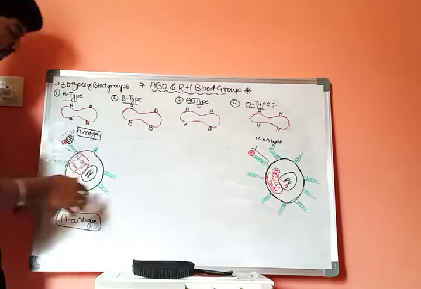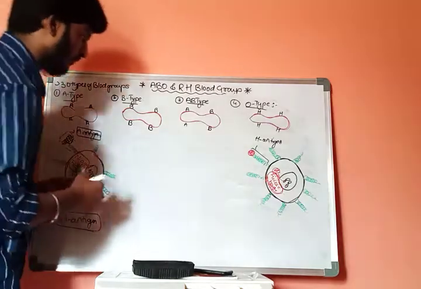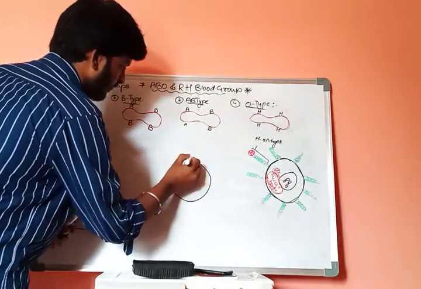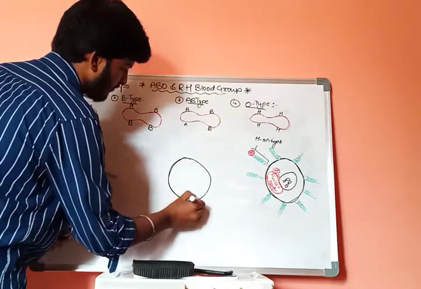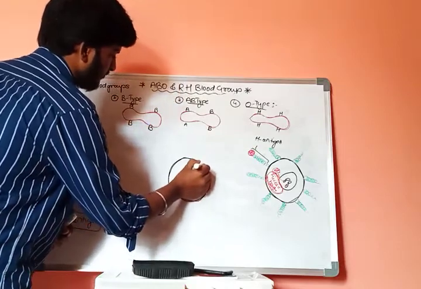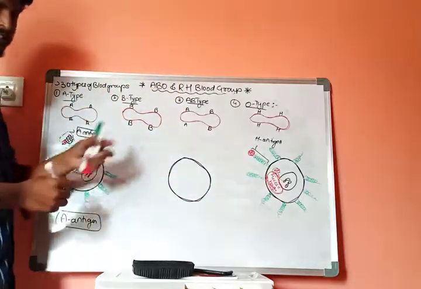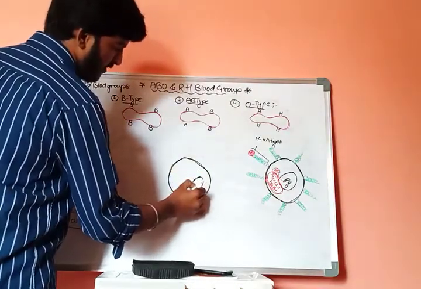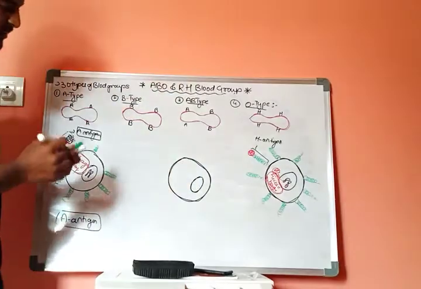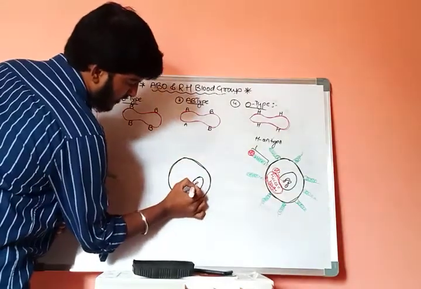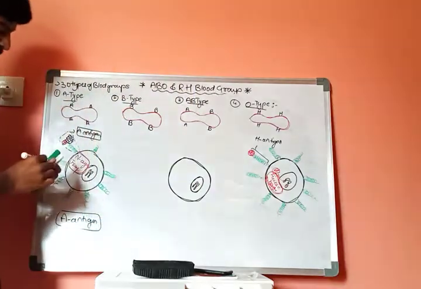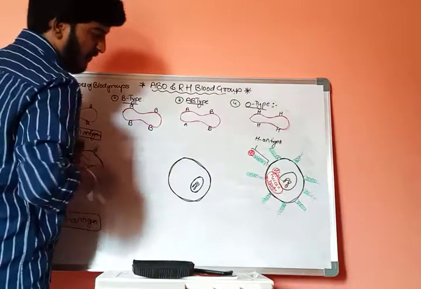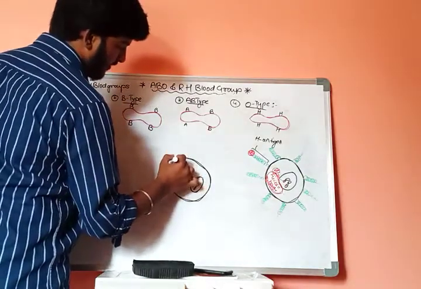And when we discuss B type of antigen, this is the predominant cell, that is erythroblast, which contains a nucleus. In this nucleus, once again it contains the ninth pair. This ninth pair of chromosome first of all contains oligosaccharides.